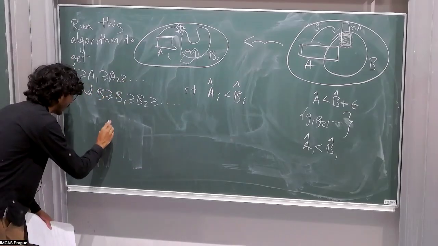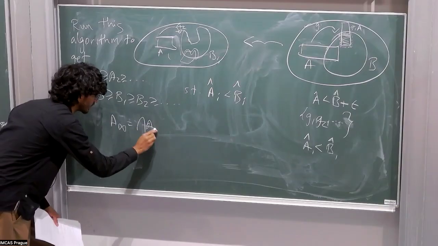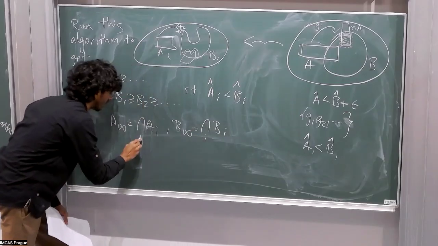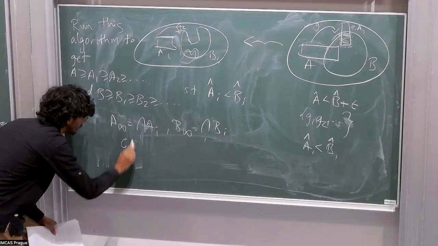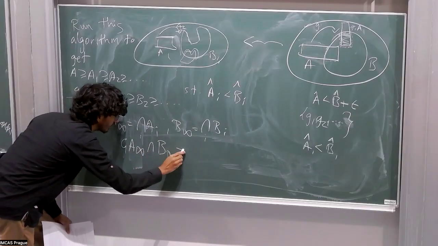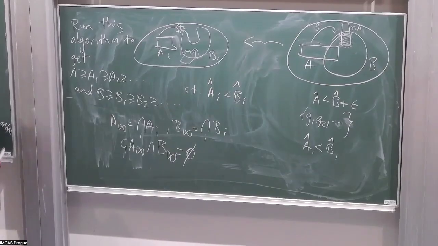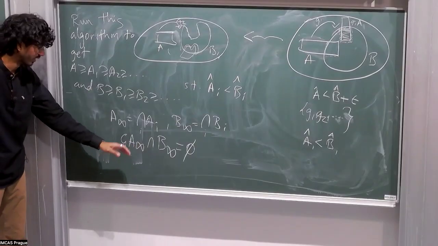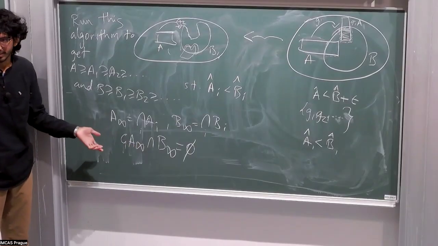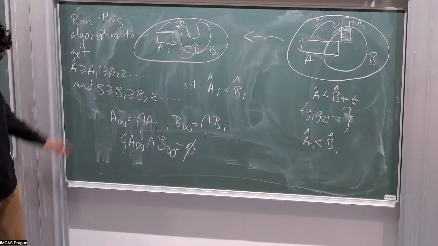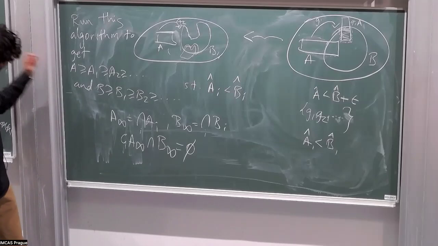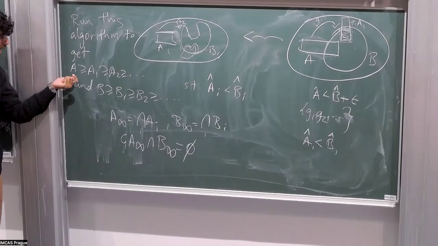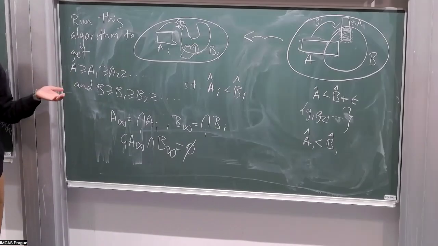So you can take, say, A infinity to be the intersection of all these Ai's, and B infinity to be the intersection of all these Bi's. And then you have G infinity intersection B infinity is empty. And then what it shows is that this can happen only when A infinity is a null set. So that means you are shrinking A up to the null set. So at some point, you have some An that has measure less than epsilon.